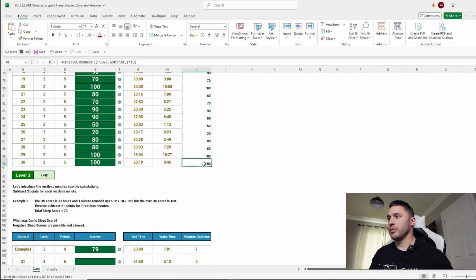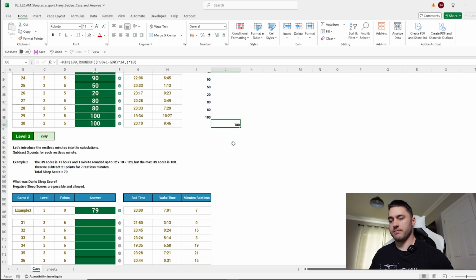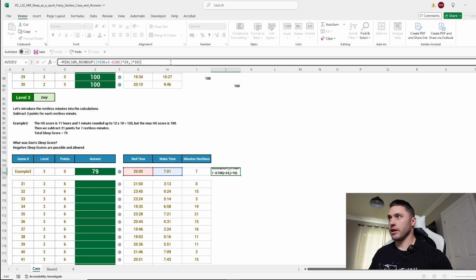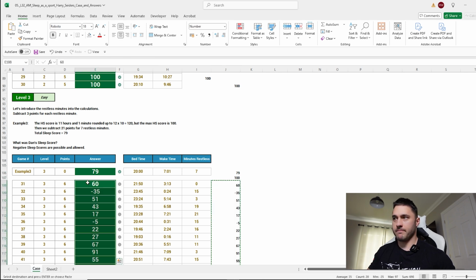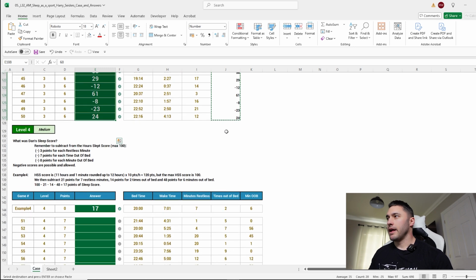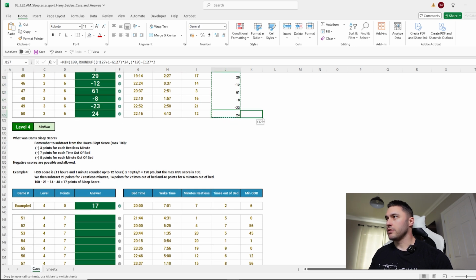And then next up, we have restless minutes come in. So you lose 3 points per restless minute. So let's do our workings here, and we want to do minus the restless minutes times 3. So that matches the example, so pretty confident there. And then we're going to introduce times out of bed and out of bed minutes.